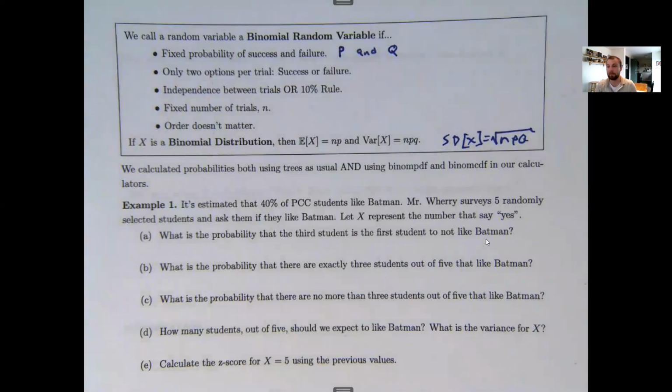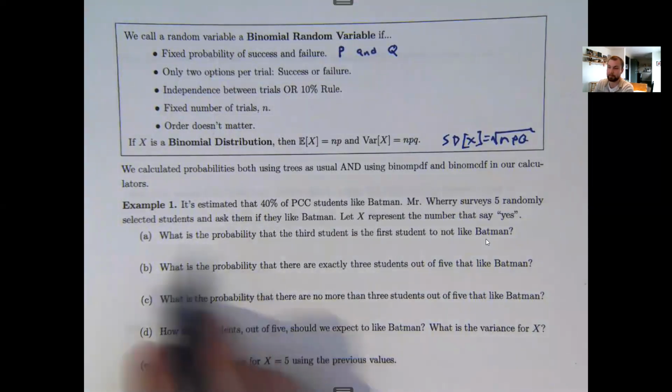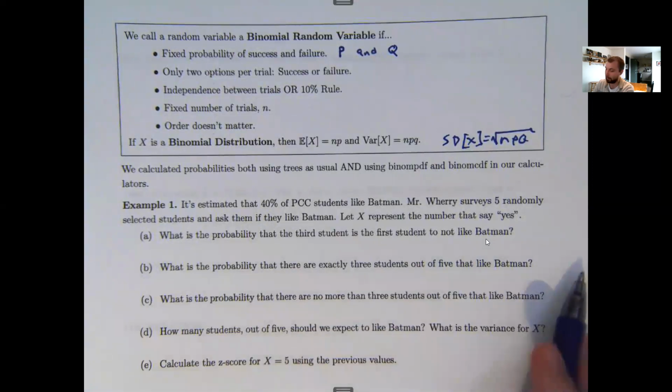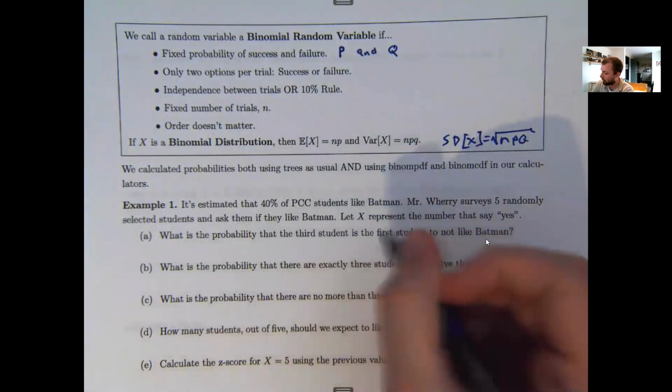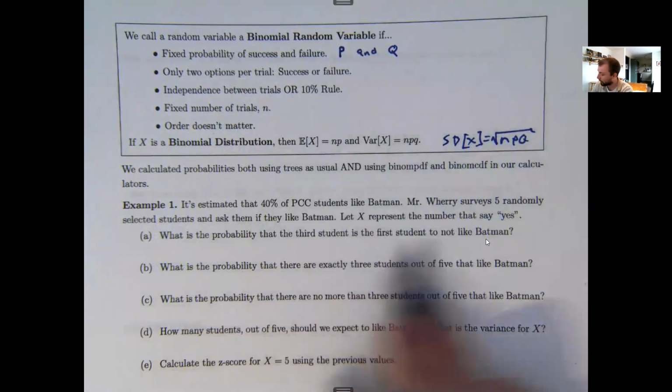Now, some of these situations that we'll run into are actually not binomial or normal. In those situations, we might be able to list out the probabilities though. For example, on this one, the third student is the first to not like Batman.